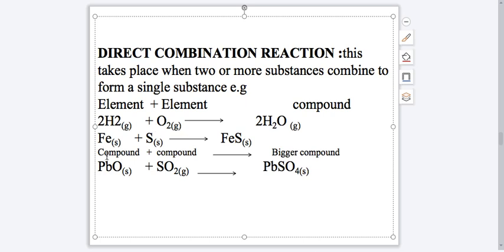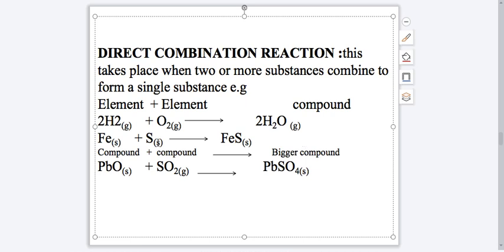Another example is iron, in this case another element, that combines with sulfur directly, and this will give us iron sulfide. The two examples are when an element combines with another element to give us a compound.